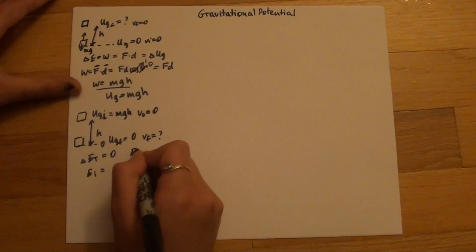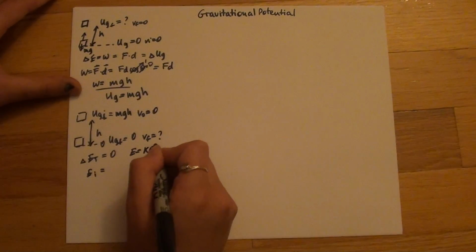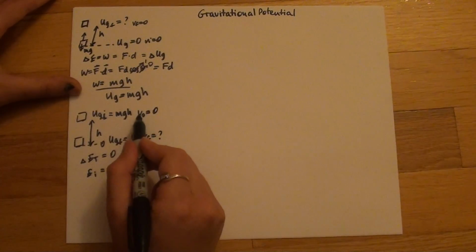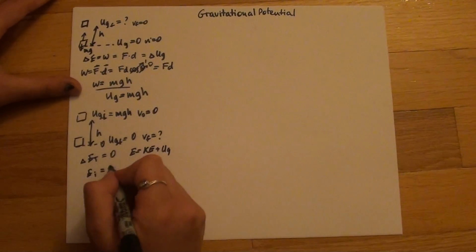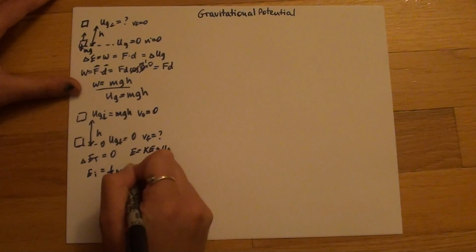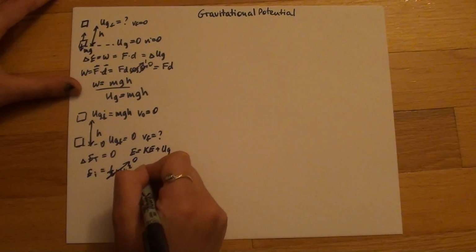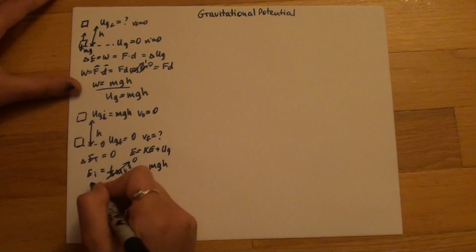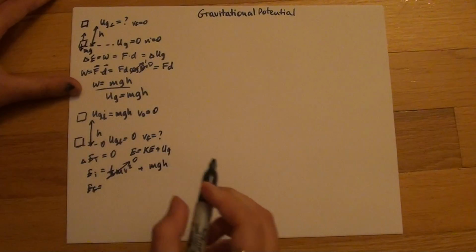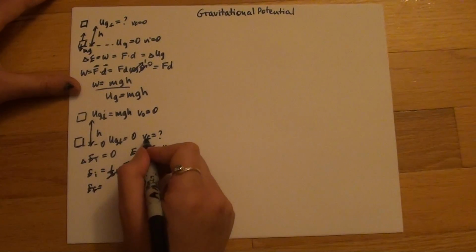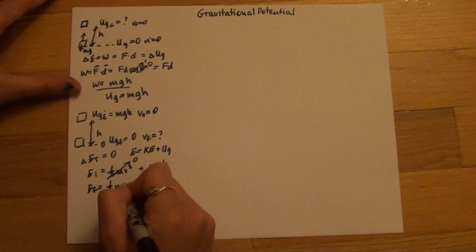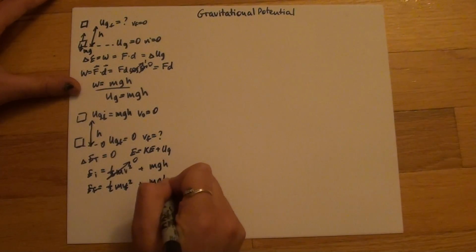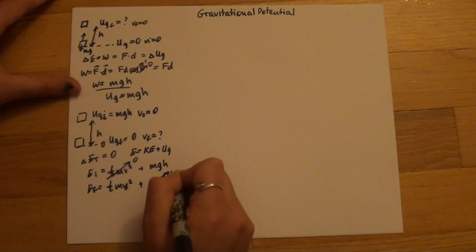Energy is equal to kinetic energy plus gravitational energy. Here the kinetic energy is 0 because the velocity is 0, so 1/2 mv squared goes to 0, plus the gravitational energy, which is mgh. And the final energy: we know there is some final velocity, so 1/2 m v final squared, but the gravitational energy is 0 because h is 0.